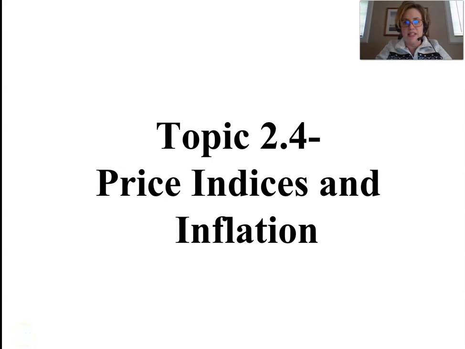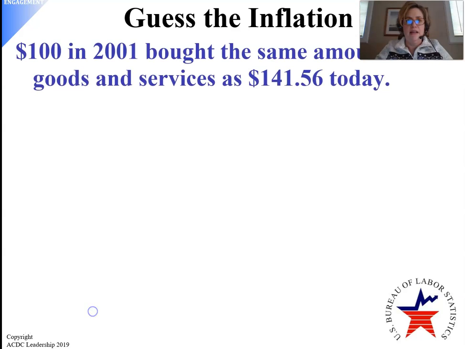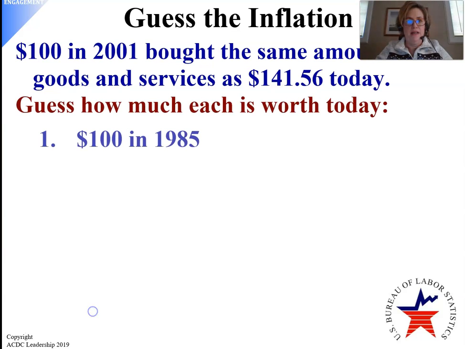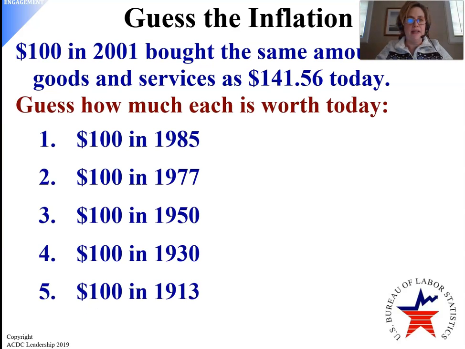This video is going to cover price indices and inflation. If you had $100 in 2001, you would need $141.56 today to buy the same amount of goods. Similar to that example, $100 in 1985, you'd need $234.95 today.